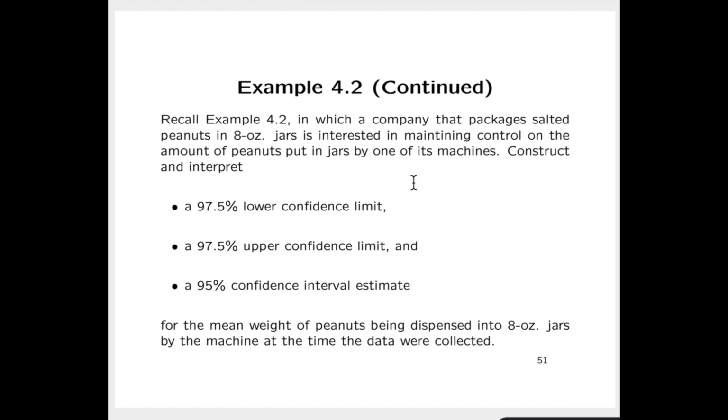To get there, and just to demonstrate that if you construct the appropriate lower and upper confidence limits individually and put them together, you will get the appropriate confidence interval, that's what I'm showing here. So if we construct a 97.5% lower confidence limit individually and a 97.5% upper confidence limit individually, and put those together, then together they comprise a 95% two-sided confidence interval for mu.